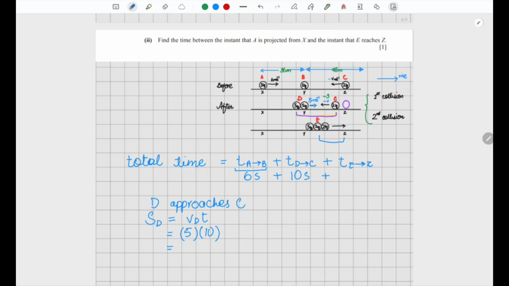The distance it has covered is 50 meters. This is the 50 meters it has covered to reach C, where they collided. Now how much is left? The total was 98, so how much is left now?